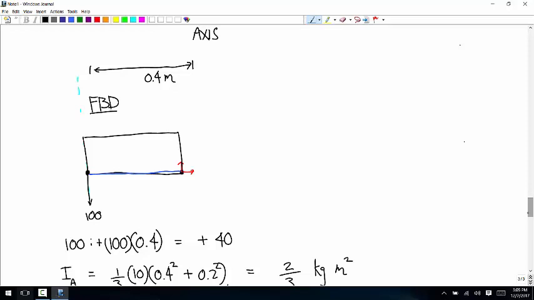It's positive, so it's going to rotate counterclockwise. Yes, there'll be a picture. Any other questions about this one?